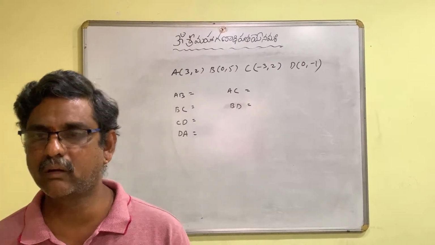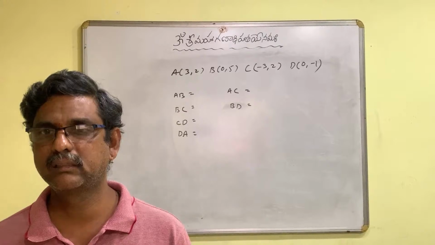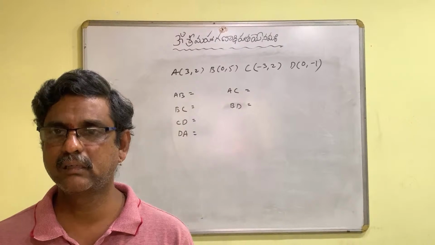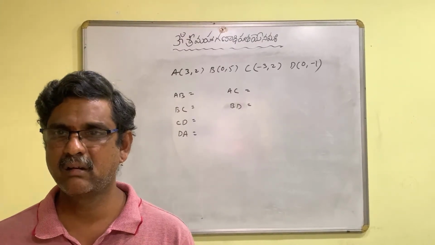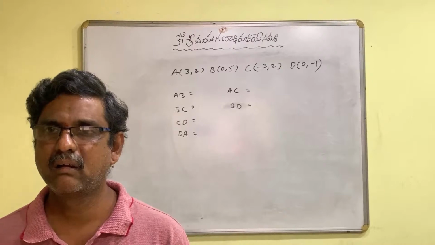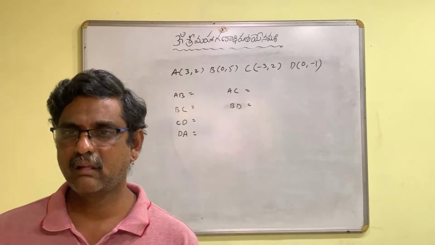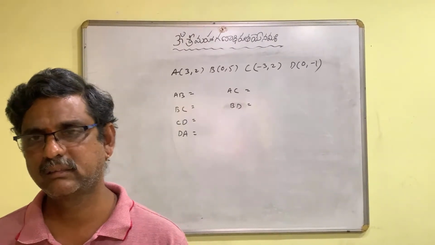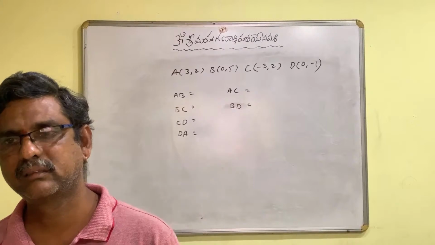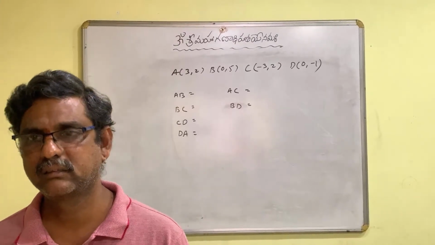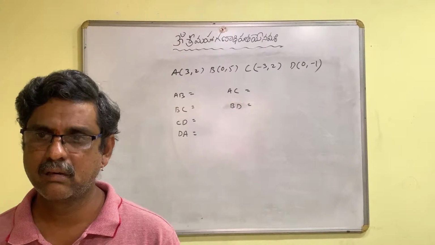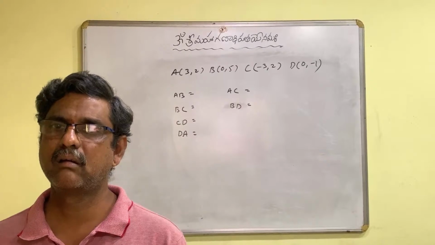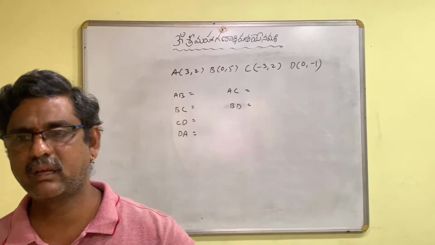Ashish Babu, I asked a question and you did not answer. Some say 3√2, some say 9√2. Which is right? Ashish Babu is there in the class? Am I audible, children?